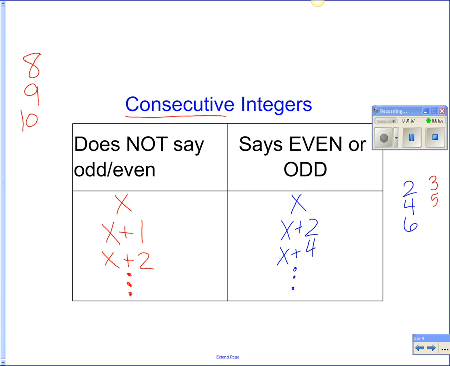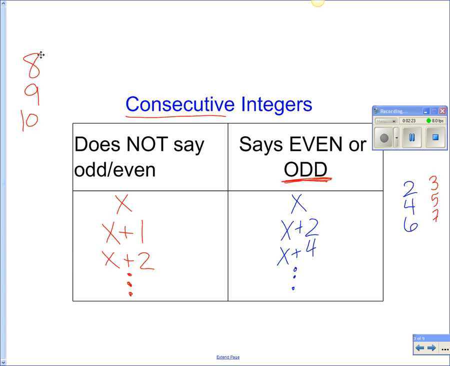So even if it says odd, you still add 2. I know 2's not odd. I know that. But to get odd numbers, you still add 2 every time. What's the next odd number after 5? How do you go from 5 to 7? You add 2. So you do them the same way if it's even or odd. And then this could go on forever too. Like what would be the next one? X plus 6. Okay?